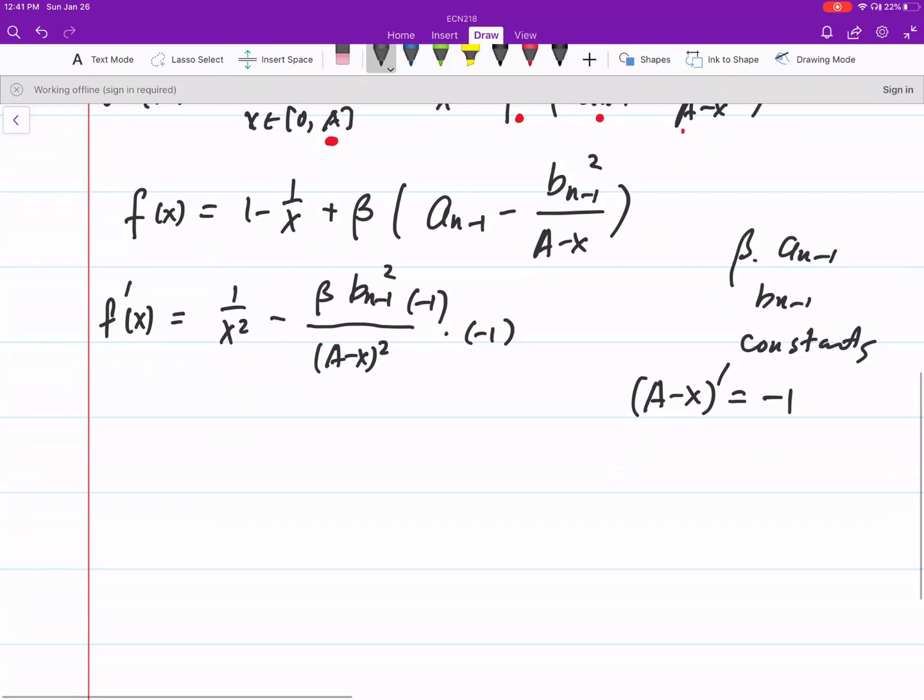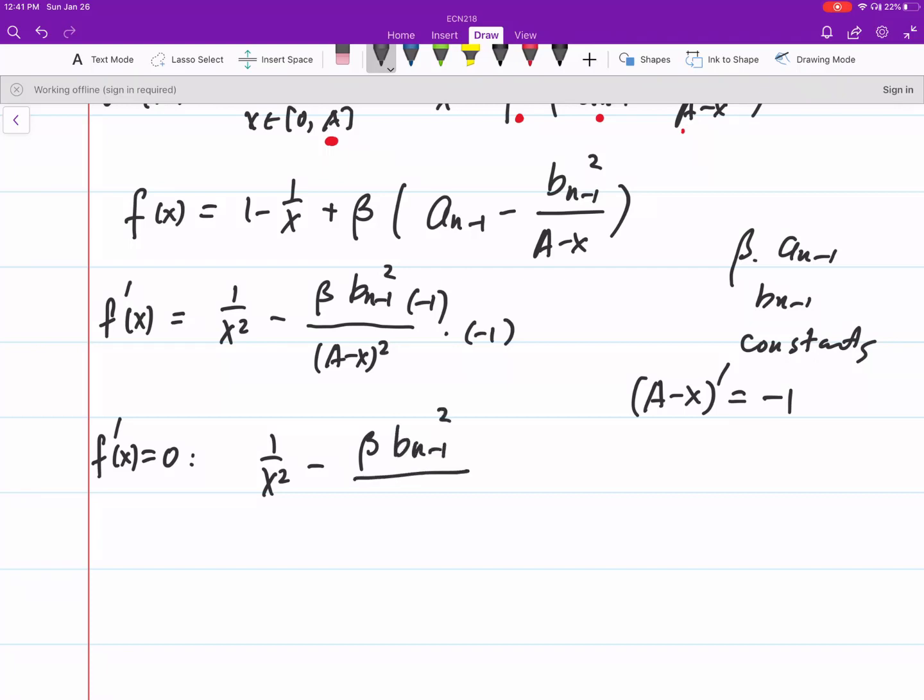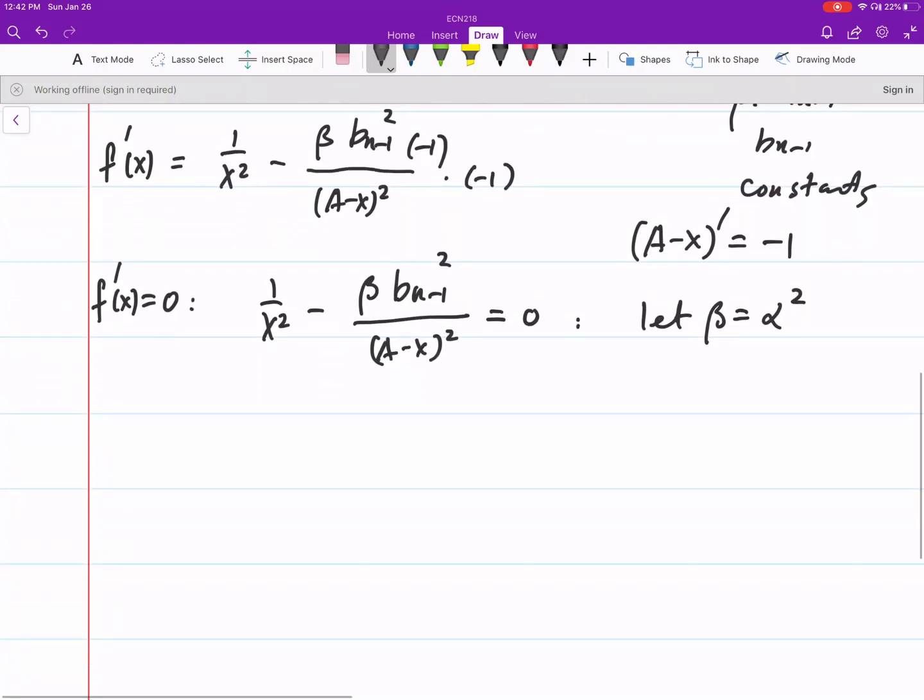Now we let the derivative be 0. We have 1 over x squared minus beta Bn minus 1 squared over A minus x squared equal to 0. Let beta be alpha squared, the notation we used before. You will see the advantage of doing this.